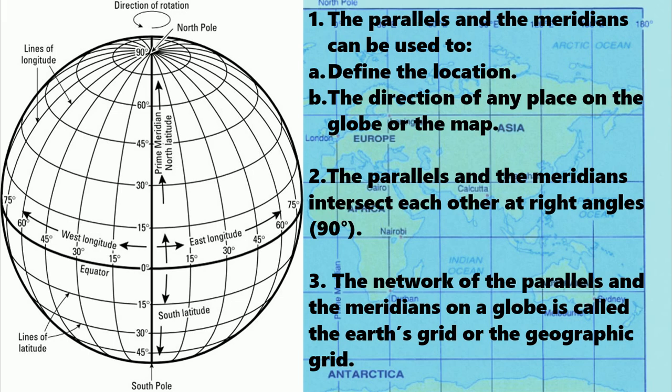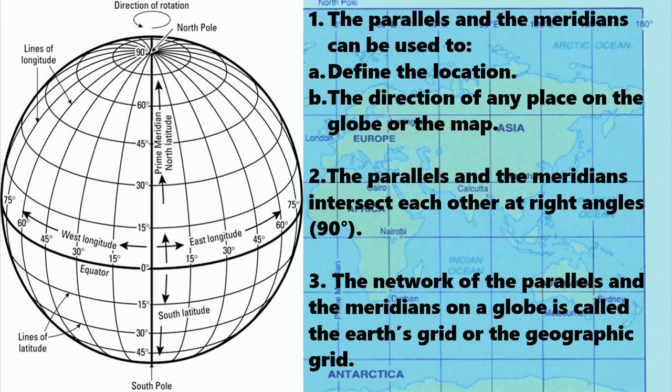Each place on the globe is intersected by vertical and horizontal lines. Do see a globe, using Google or any other thing. If you have a globe at home, then that will also help you. But do see this first. Each place on the globe is intersected by vertical and horizontal lines.